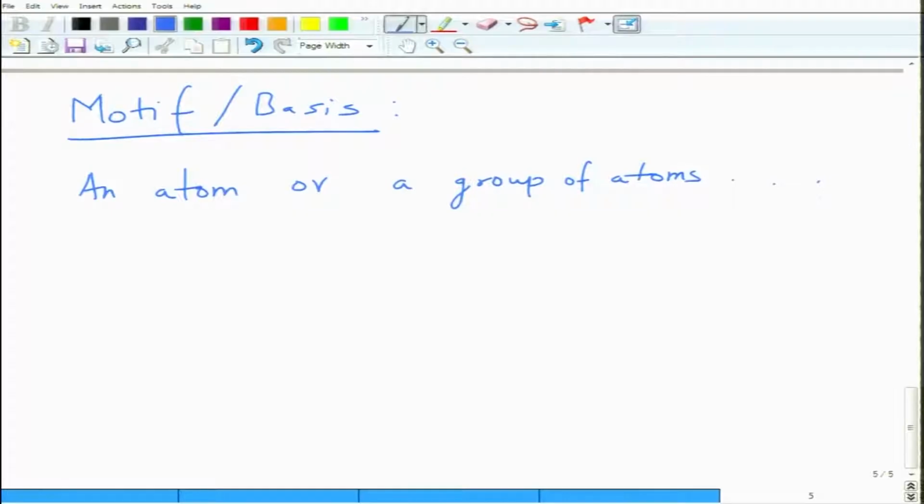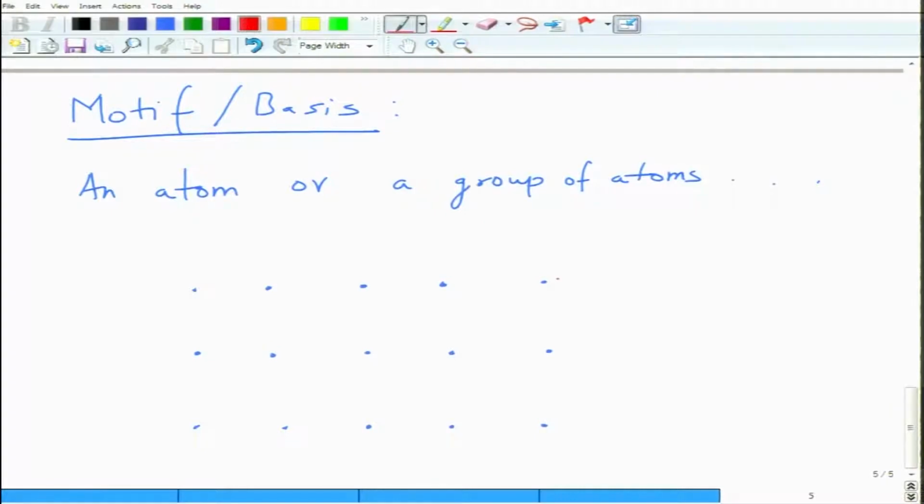So now let me just give you a simple example. You had a periodic lattice like this. Translations are not exactly equal, but I hope you understand what I mean here.